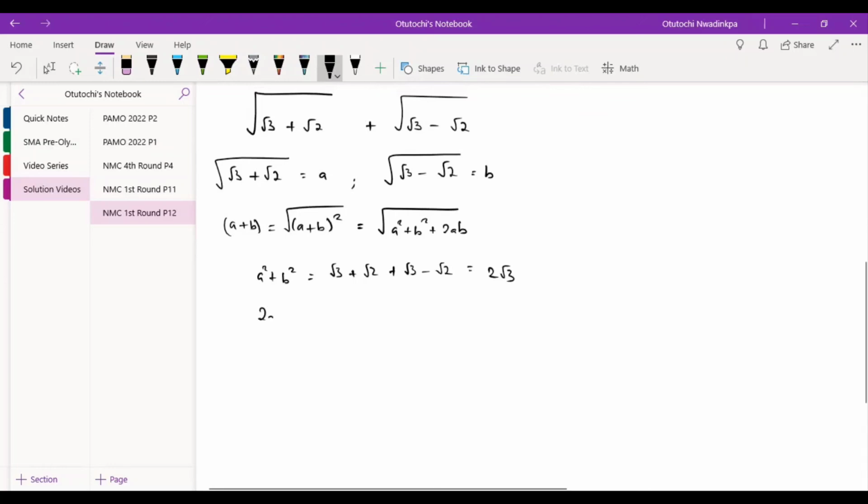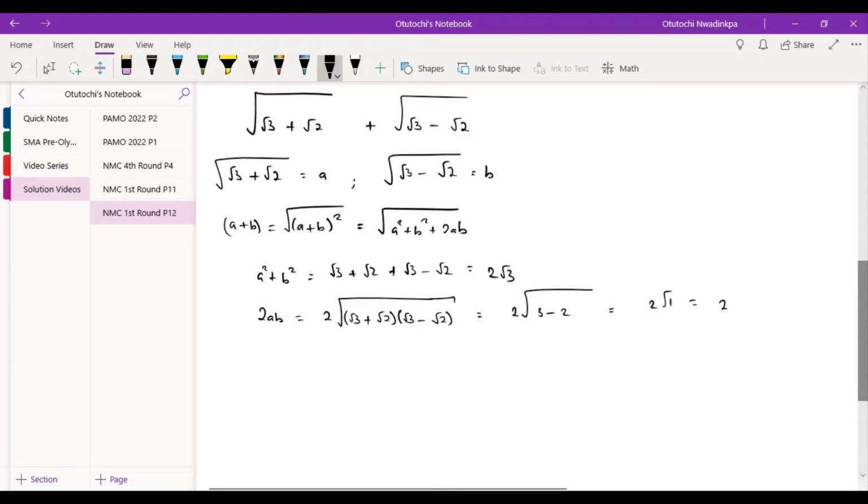And 2 root ab is going to be equal to 2 times the root of root 3 plus root 2 times root 3 minus root 2, which is going to be equal to 2 times the root of 3 minus 2, which is going to be equal to 2 root 1, which is equal to 2.